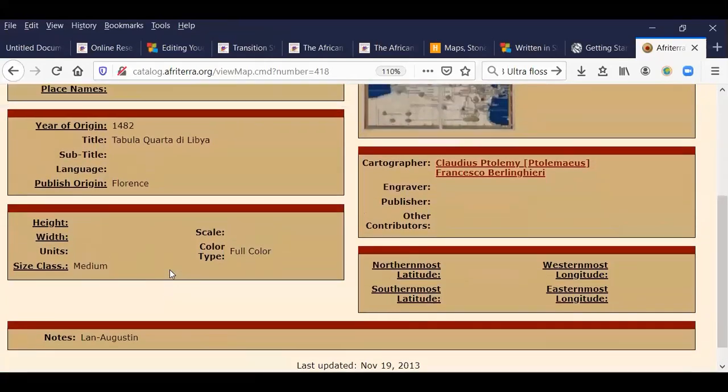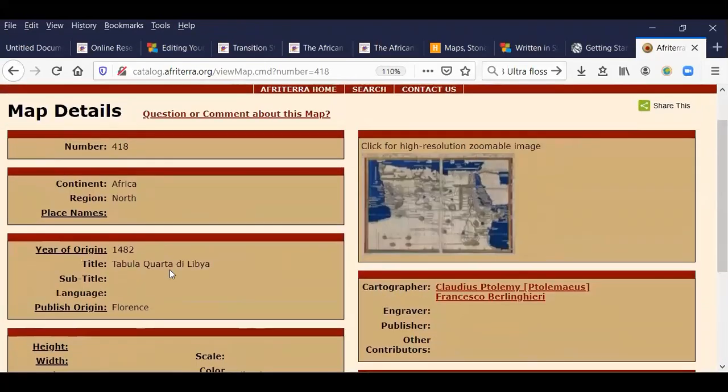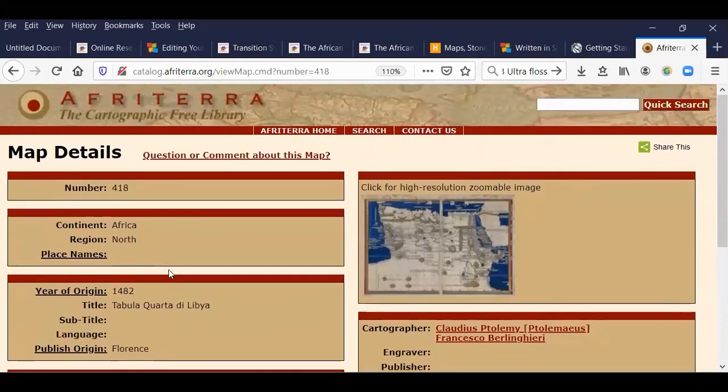Now the details are given here, but if you click on the map, you can get through to view it on a scale normally not possible in any of these map collections. Let's change the view and take a look at how it's done.